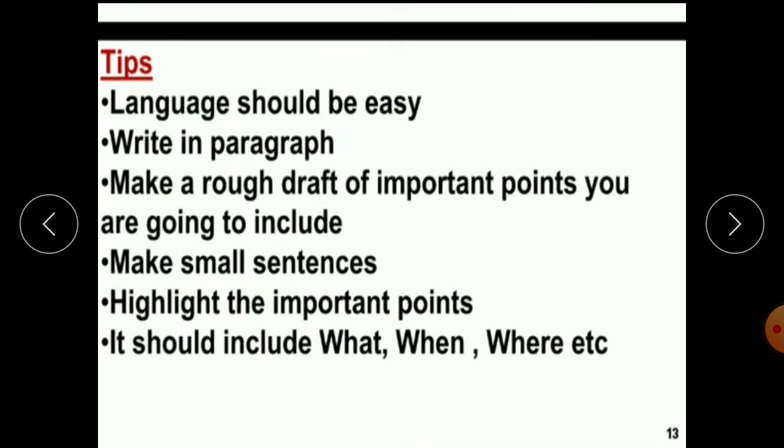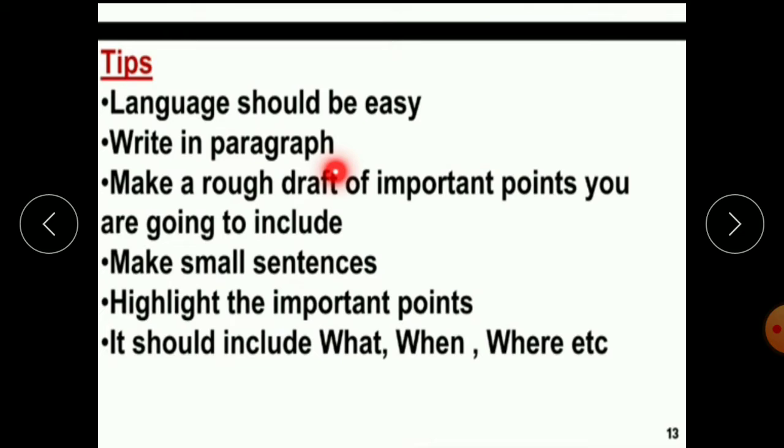There are some tips that will make our report easy and comfortable to read for the readers. The first tip is that the language should be easy, so that everyone can easily understand it. Write in paragraphs.